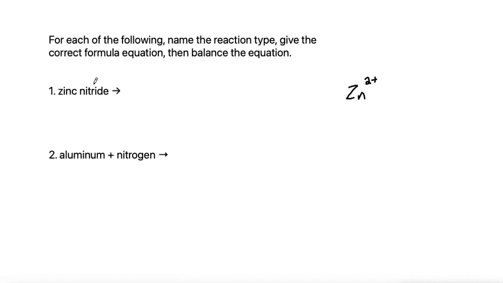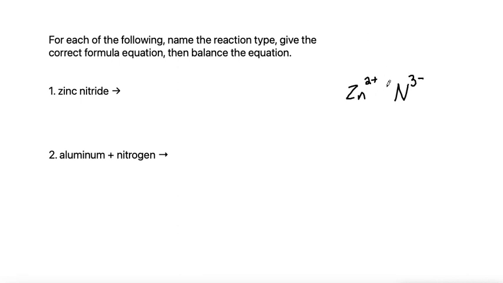And nitride is the ion form of nitrogen. Nitrogen is in the third group from the right. It's in group 15 or 5A, for example.